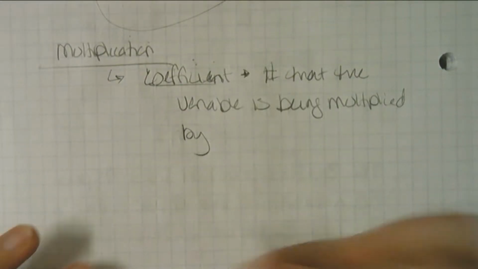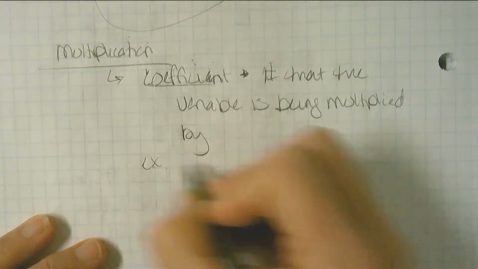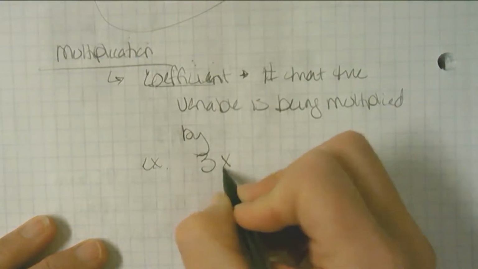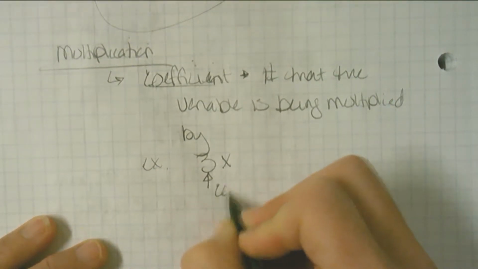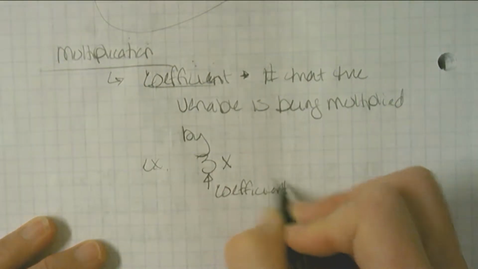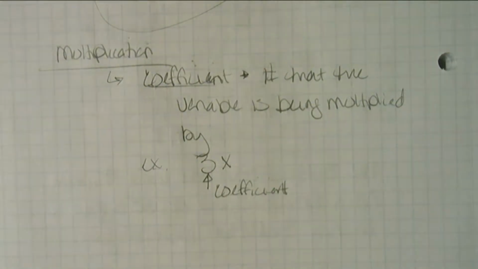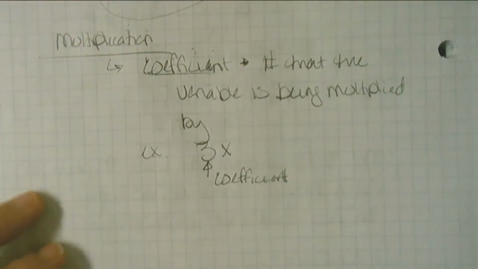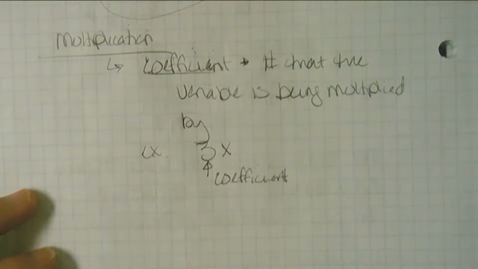So if I have something like, for example, 3x, that 3 is the coefficient. All right, you guys cool with that? Okay.